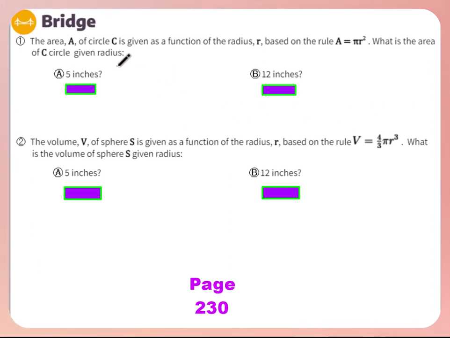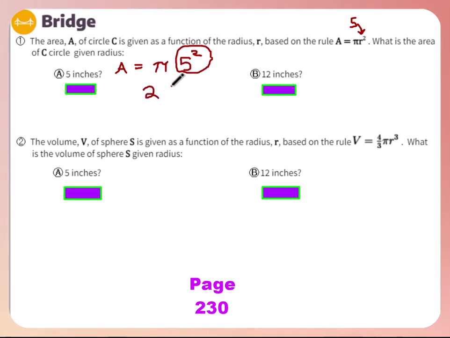Alright, so we're going to use this function: A equals pi times 5, which is the radius. We're going to replace that with r in this equation, squared. So go ahead and multiply 5 times 5, or use your calculator to get 25.